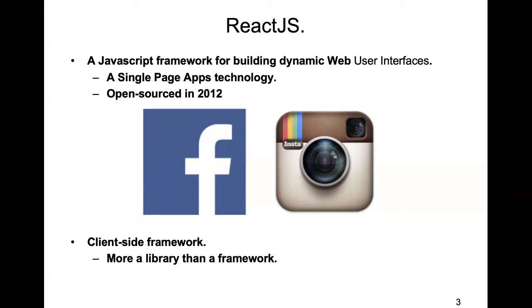And so, in a sentence, what is React? It's a framework for building dynamic web user interfaces. By dynamic, we mean the user can interact with the user interface, and as a result of the interaction, the user interface changes in terms of what it shows the user.